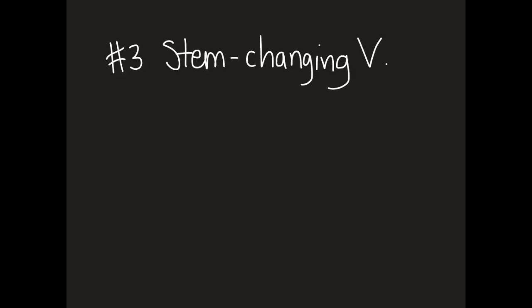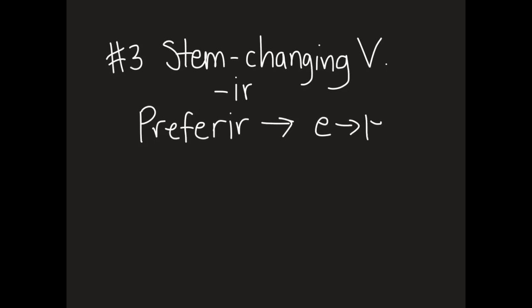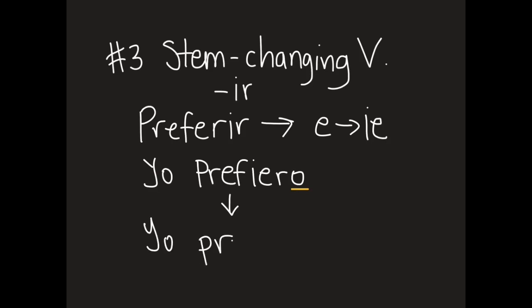So our next pattern is stem changing verbs that end in ir, such as, for example, preferir. So this is a verb that changes from e to ie. So we follow the same strategy. First we do present indicative in the form of yo prefiero, and then we change the ending o to a.